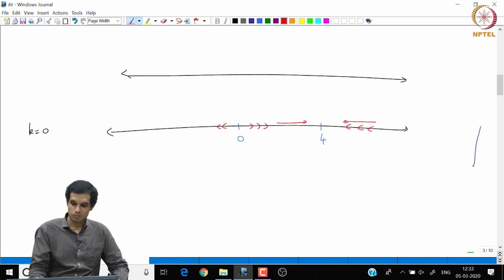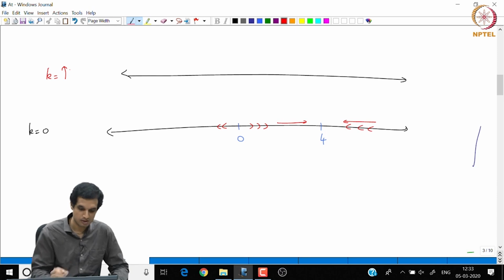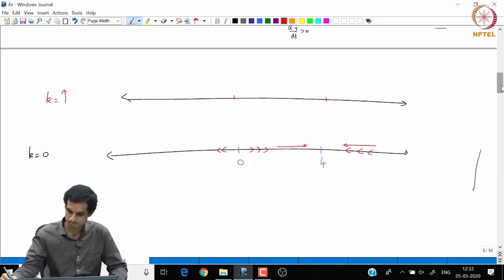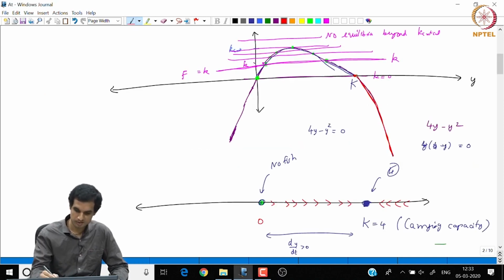Now, as k increases, what happens is this 0 steady state kind of comes closer, because now it is not the intersection of the parabola with 0, but it is the intersection of the parabola with k.